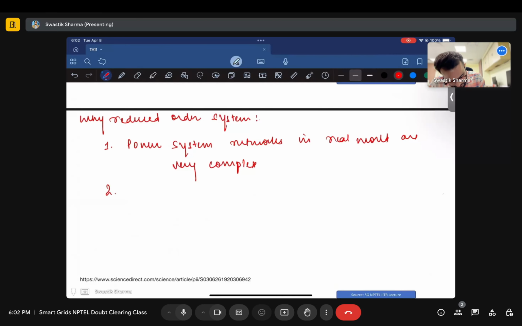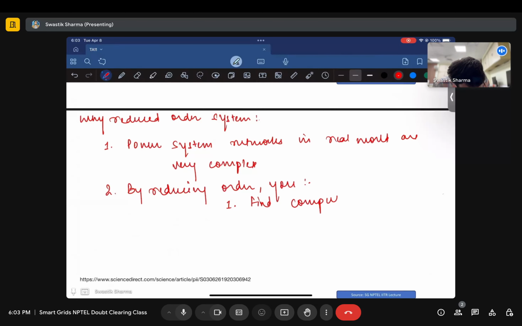So by reducing the order, you find a computationally tractable system.